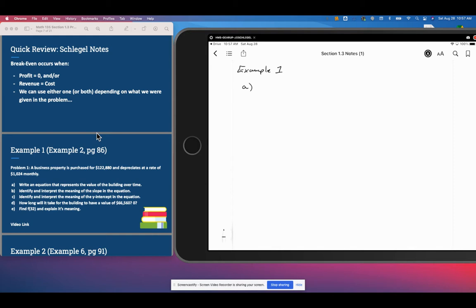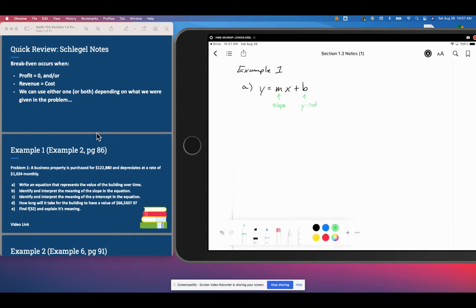It is $122,880. So I am going to use slope-intercept form, which is y equals mx plus b. That being said, again, it's important for me to remember that m is my slope, or my rate of change. B is my y-intercept.